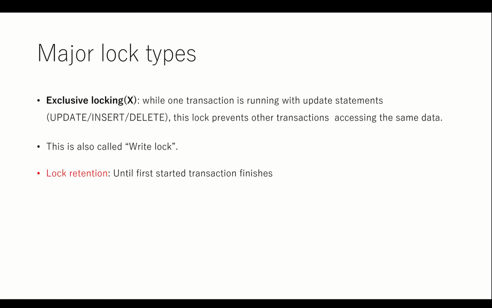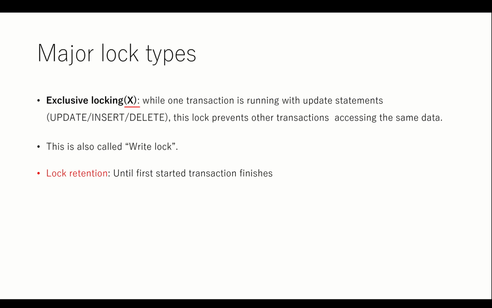There are many types of locking, but let me just summarize the major types in this session. The first one is exclusive locking, which is marked with X. This locking prevents sessions from running update statements at the same time for the same data.